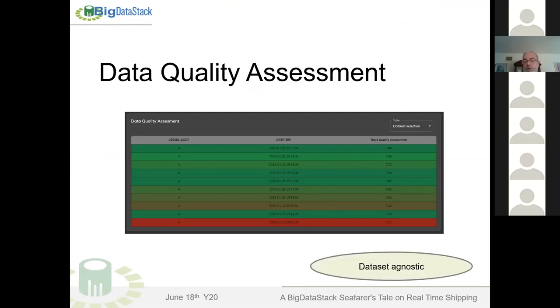This is learned, and this component is data set agnostic, and the model is built, and the data as it comes in within the Lean Scale database is assessed, and we get a probability of being a faulty record for each one of the ingested records.